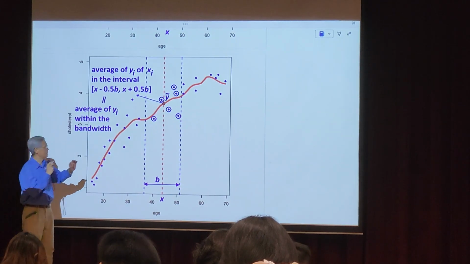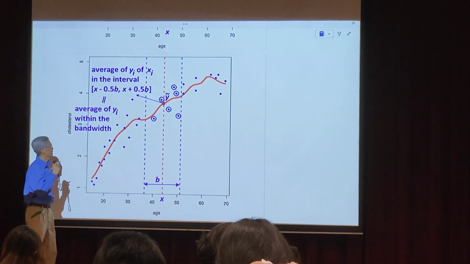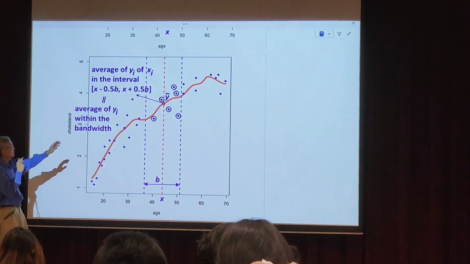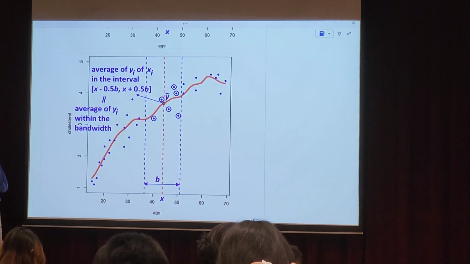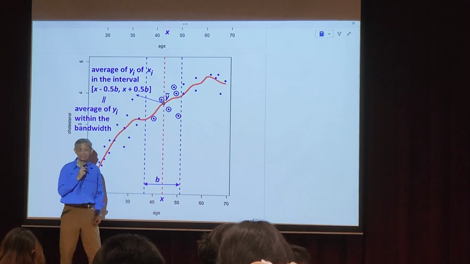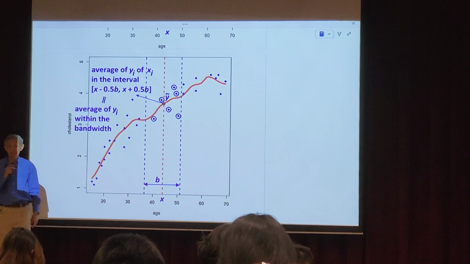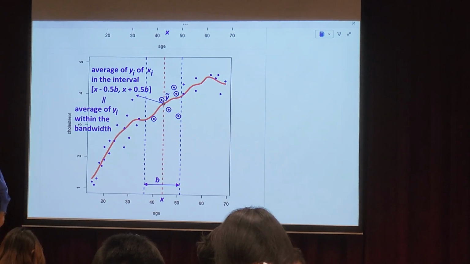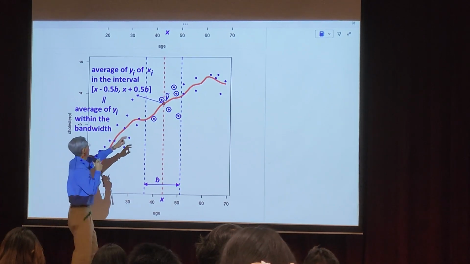I will only consider all those points that I have circled in blue. How many points are there? 1, 2, 3, 4, 5, 6. So there are 6 points that fall within an interval of X. And all those 6 points have different Y values, right? I will calculate the average of these 6 values. And the average of these 6 values will be this.